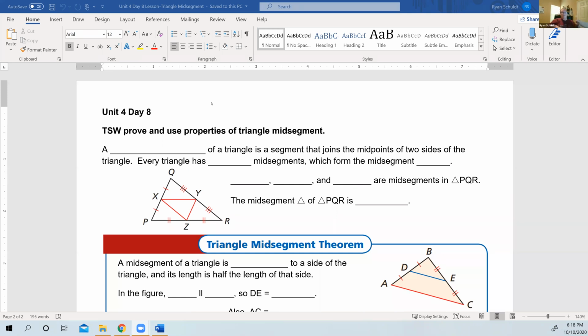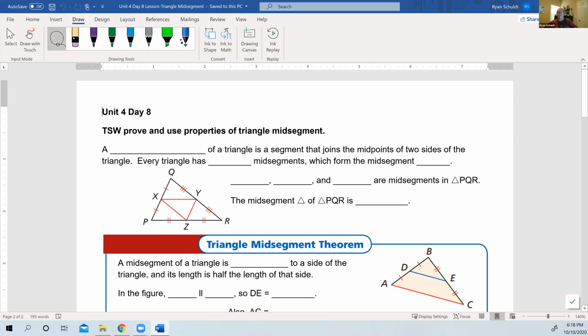A midsegment of a triangle is a segment that joins the midpoints of two sides of the triangle.